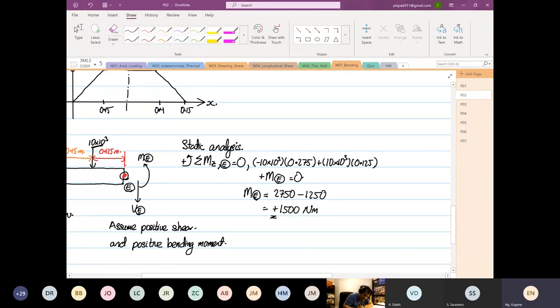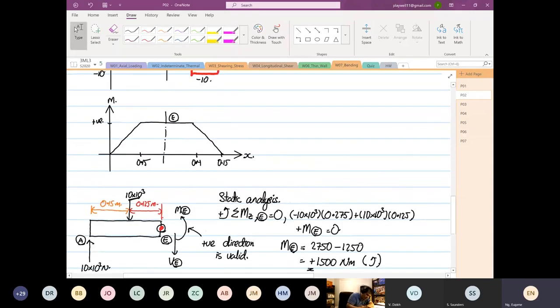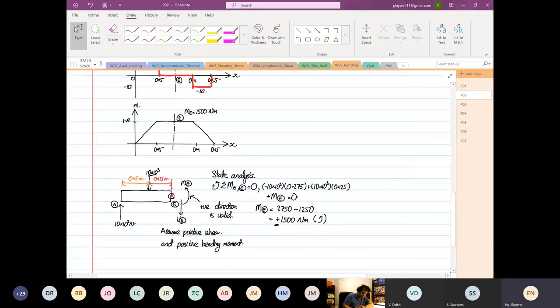When it's positive, it means the direction is valid. If it's negative, it means it's not valid. So now we know that the moment at point E is equal to 1500 Newton meter.